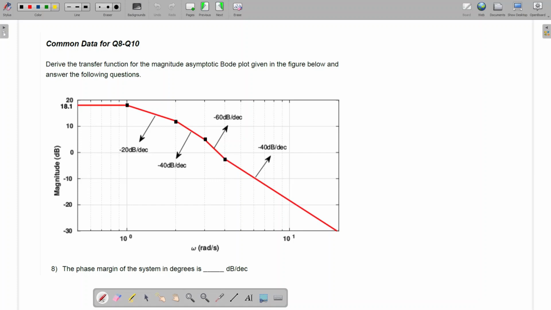Here only the magnitude plot is given. From the Bode plot we have to find the phase margin. What should be the step? How should we proceed? First we need the transfer function. This is correct.